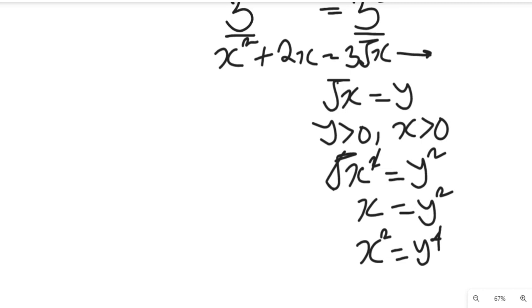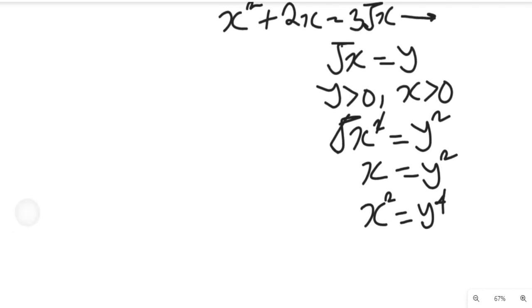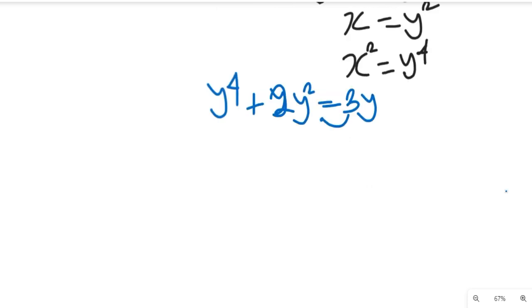This is exactly what we are going to apply into this equation. The equation becomes y to the power of 4 plus 2y squared equal to 3y. From this expression, we bring 3y to the left hand side.